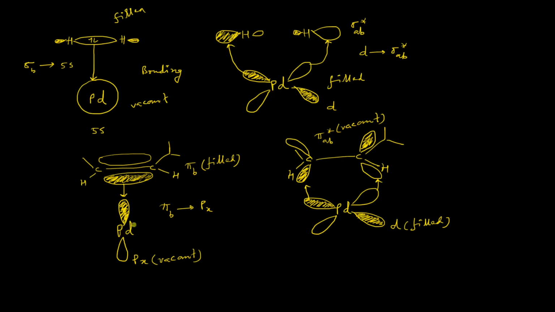Here also electrons are going to the antibonding pi molecular orbital from the filled d orbital of palladium, and again the bond order of this particular double bond will decrease. So both these processes are again weakening the double bond of this alkene, right? So these are the processes which take place during chemical adsorption.